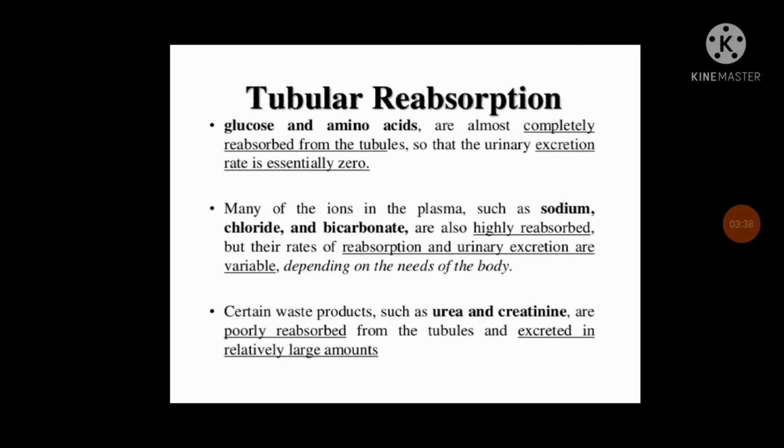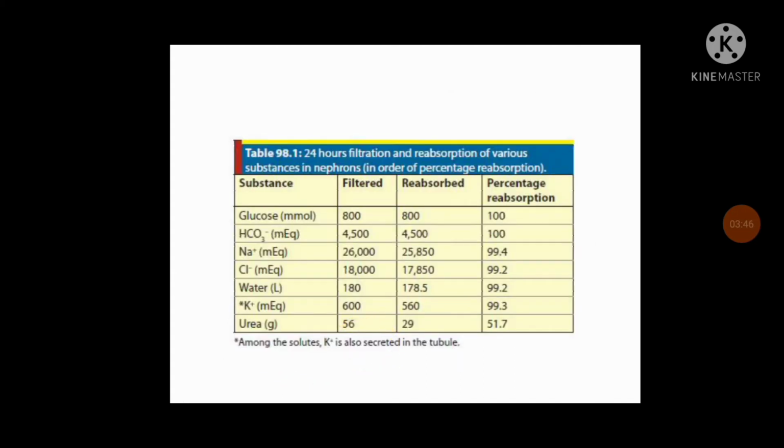Certain waste products such as urea and creatinine are poorly reabsorbed from the tubules and are excreted in relatively larger amounts.